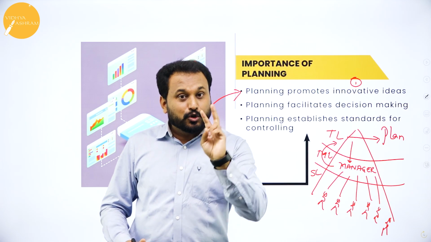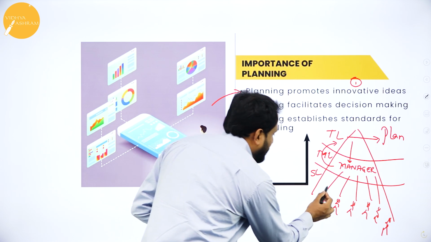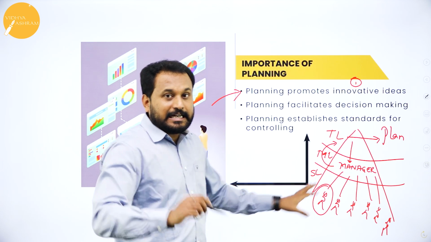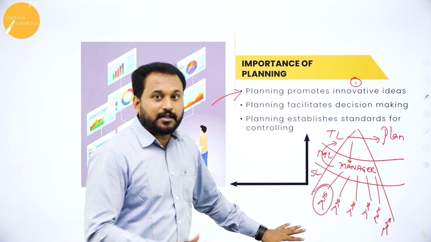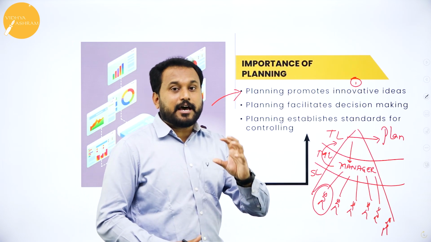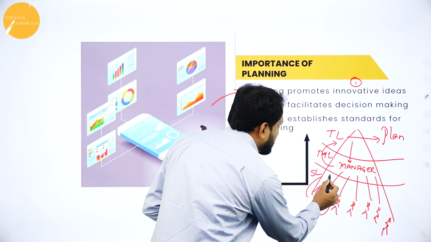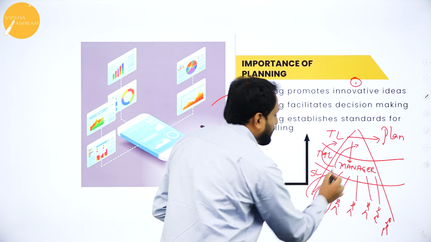It is always two is better than one. Now supposedly this person is there, right? Again it's a democratic organization. He will give one more idea, sir, this could have been a little different, we could have modified it. Now he will tell this to the manager, and the manager will tell the top level.